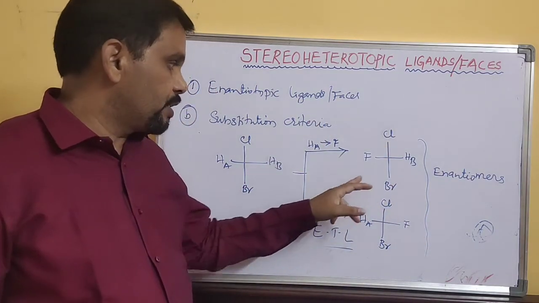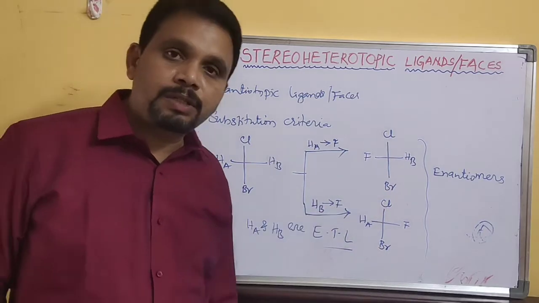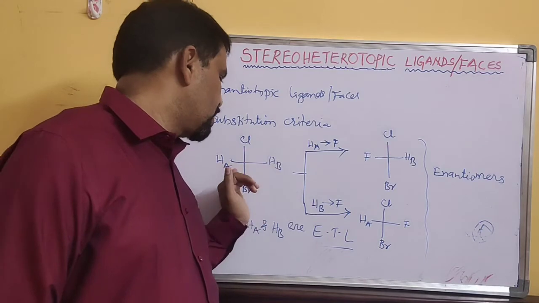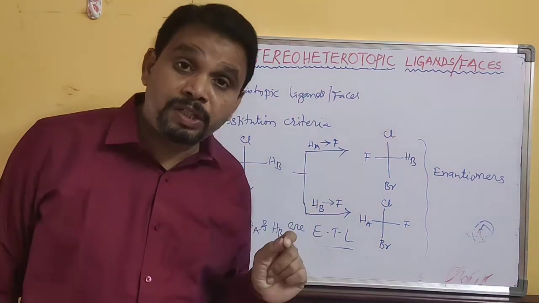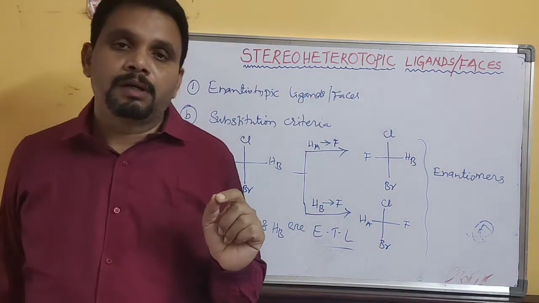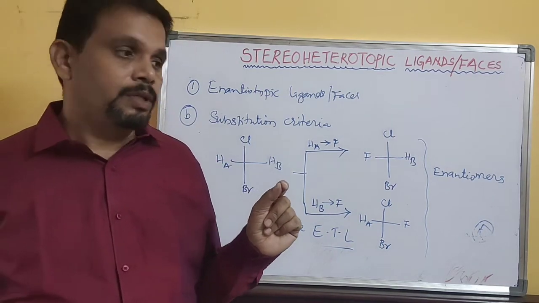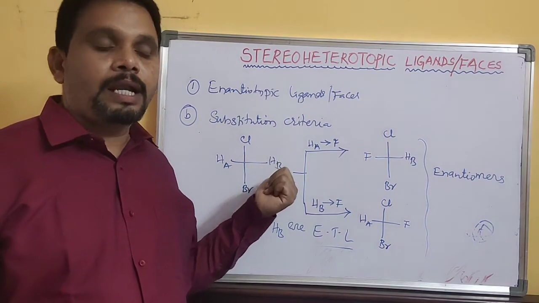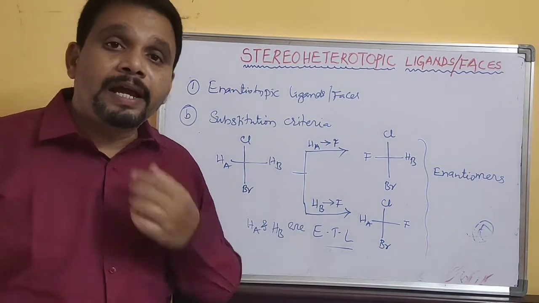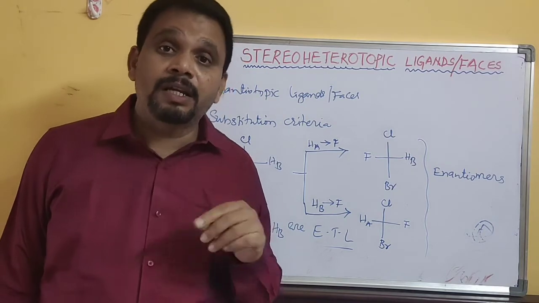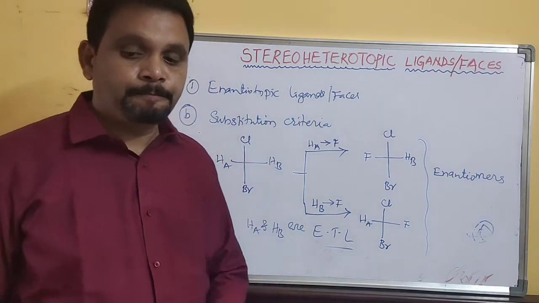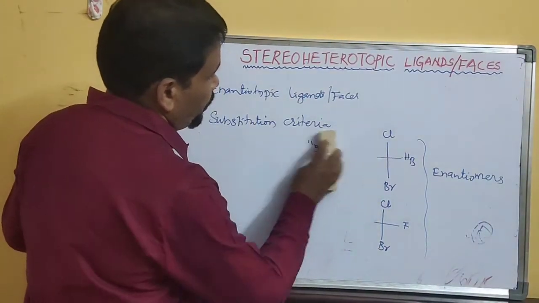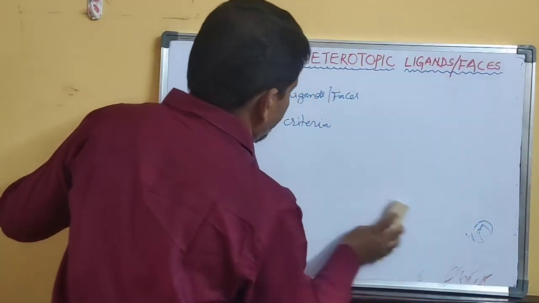In this reaction two enantiomers are formed. So on hypothetical substitution, these two atoms or groups produce enantiomers. Therefore, these two atoms or groups or ligands can be considered as enantiotopic ligands. This is the substitution criteria by which you can identify enantiotopic ligands.